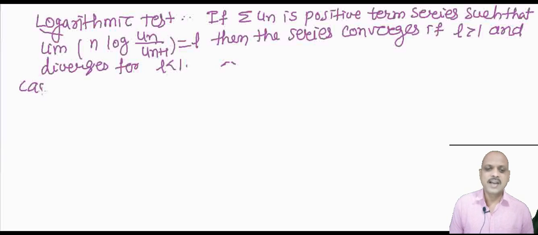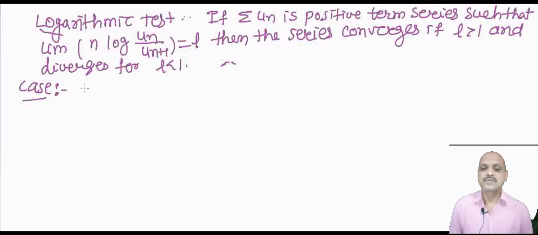We have seen that Raabe's test is more powerful than the ratio test. In the example, we saw that where the ratio test fails, by using Raabe's test we get a definite result. Here we have one more important test of infinite series, and that is the logarithmic test.